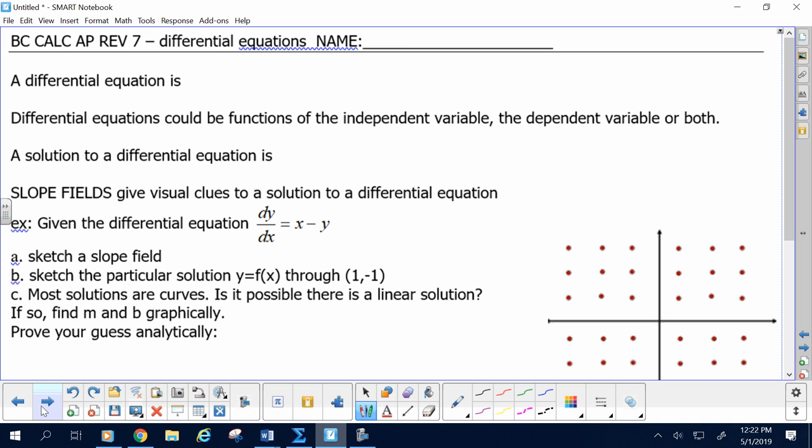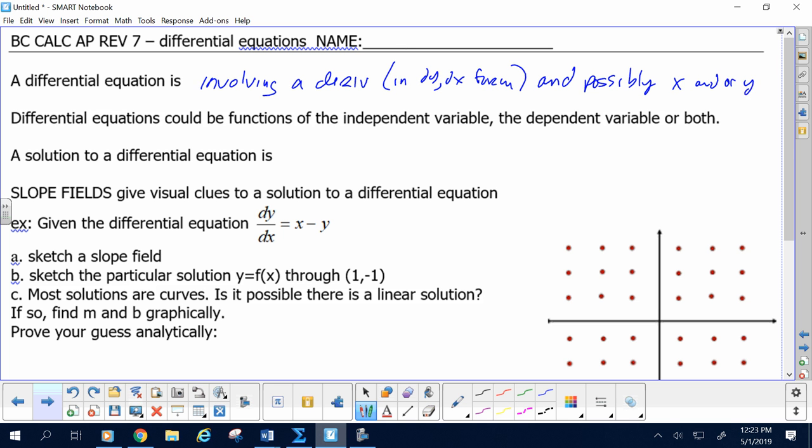Okay. Differential equations. A differential equation is one involving a derivative in differential form and possibly x and/or y.